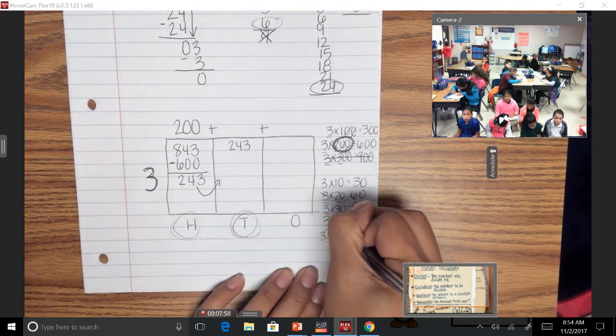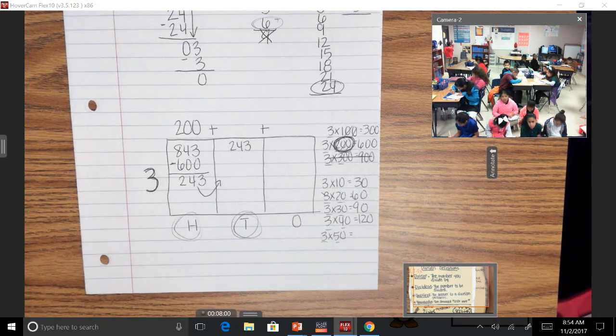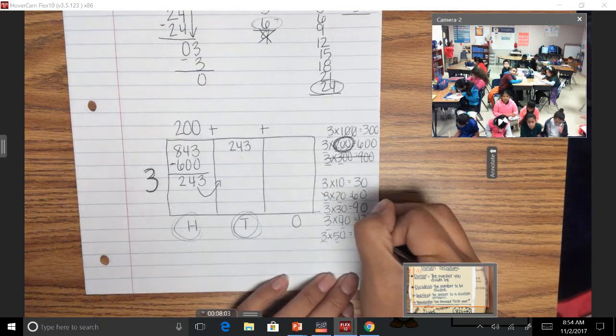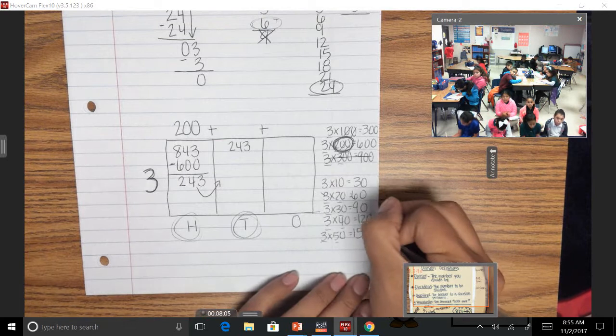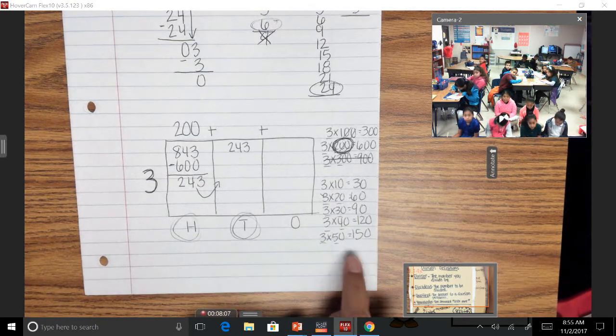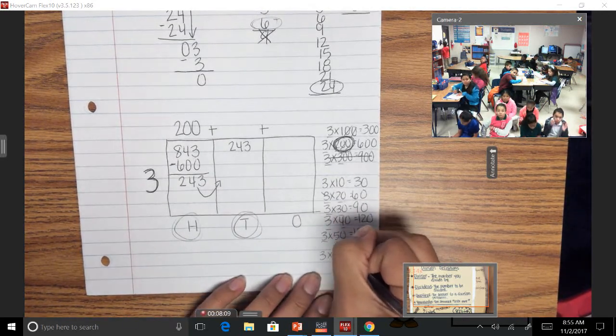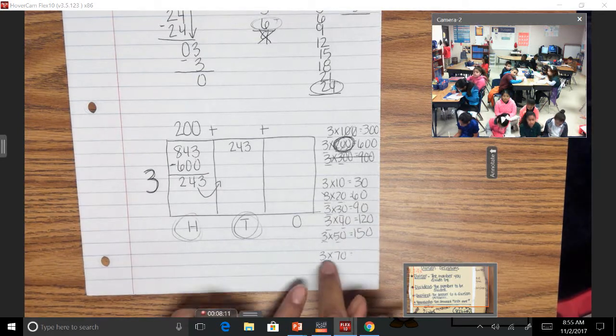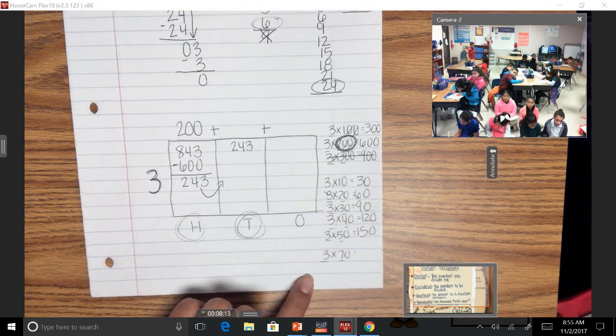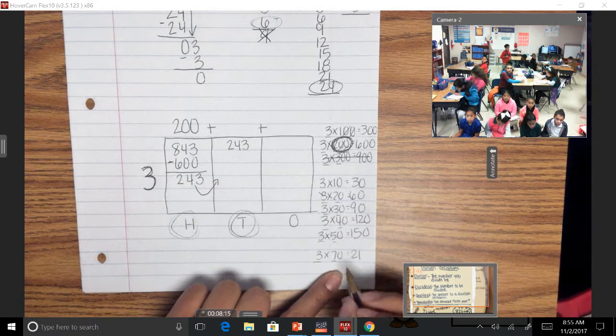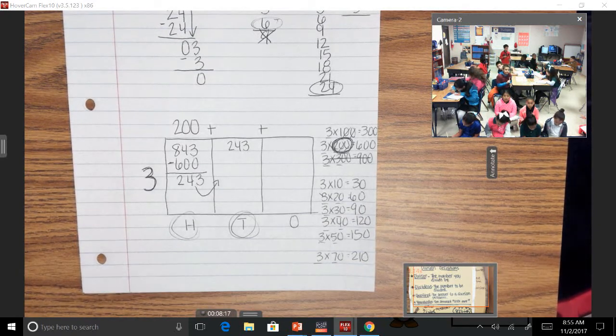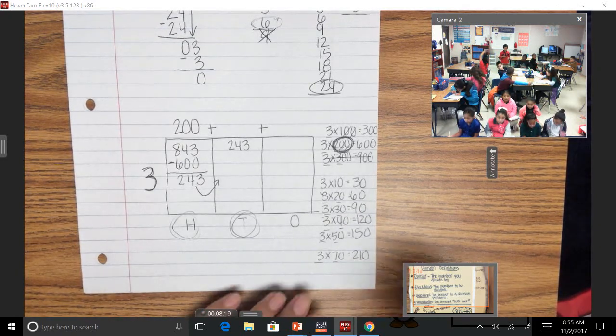3 times 50. 3 times 5 is 15, 1 extra zero. We can keep going. Let's skip count to 3 times 70. 3 times 7 is 21, 1 extra zero, so 210.